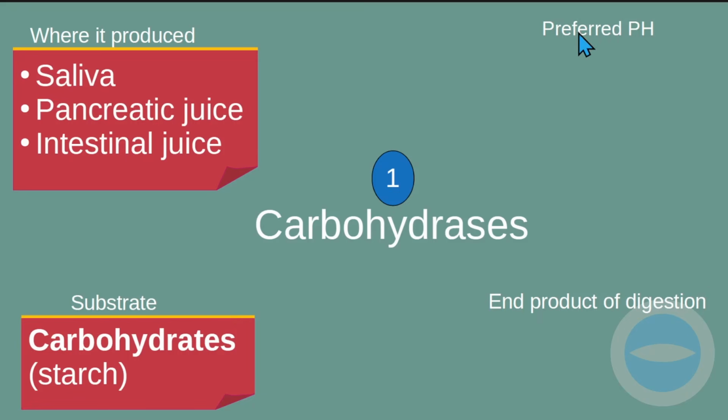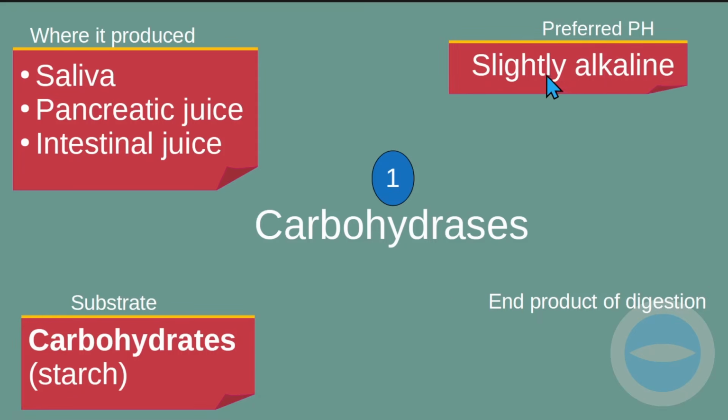And then the preferred pH. There is a pH that the enzyme has to function in. The pH is slightly alkaline, so this enzyme works in slightly alkaline conditions. And then the end product: when this carbohydrate or starch has been broken down, we end up with glucose.